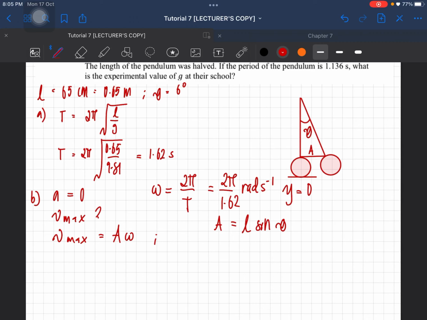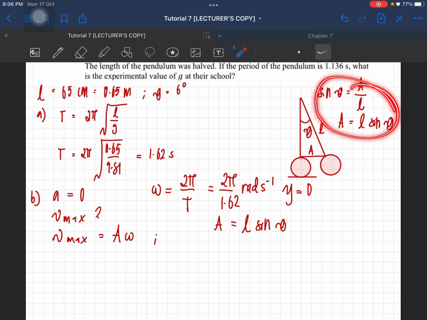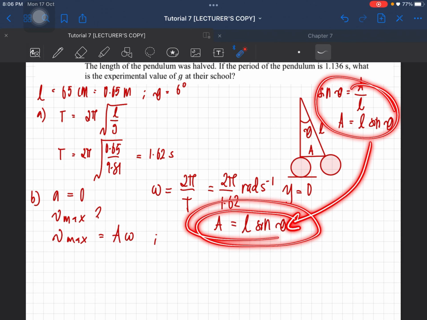How do we find this? We know this is going to be L. If we apply sine theta, opposite over the hypotenuse, where the opposite is A and the hypotenuse is L, we can then get the amplitude A equal to L sine theta. So that is how we get this equation here.